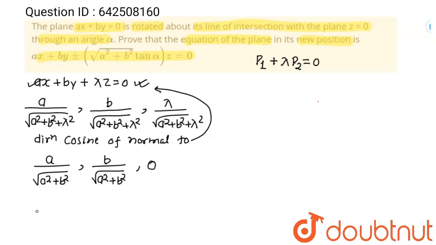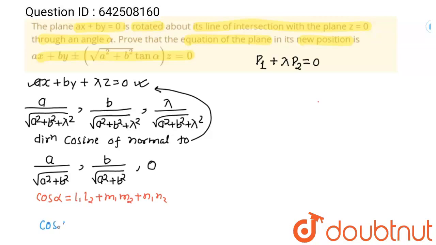So I am going to write cos alpha equals, the formula between two normals, L1 L2 plus M1 M2 plus N1 N2, where L1 M1 N1 are the direction cosines of the normal of the first plane and L2 M2 N2 are the direction cosines of the normal of the second plane.